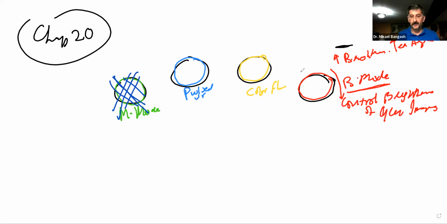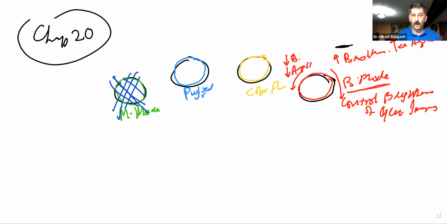Whereas if we turn it anti-clockwise, that was going to decrease the brightness, mainly because we reduce the amplification. Right?